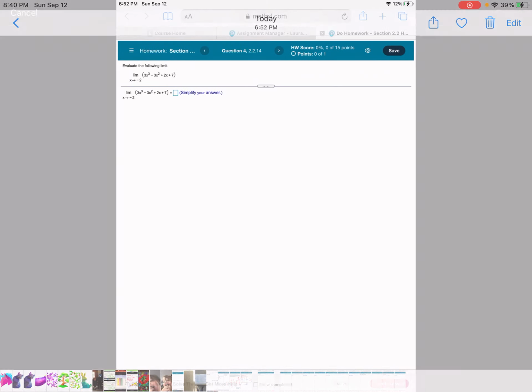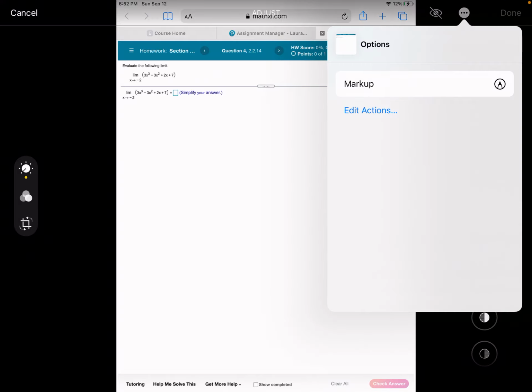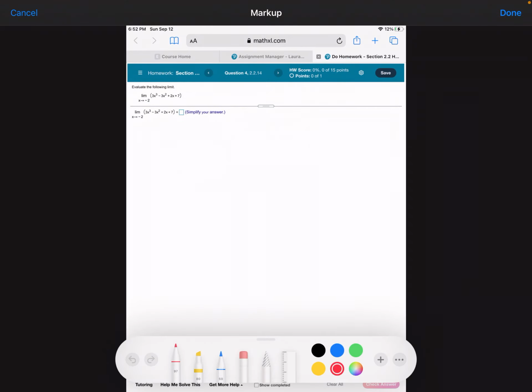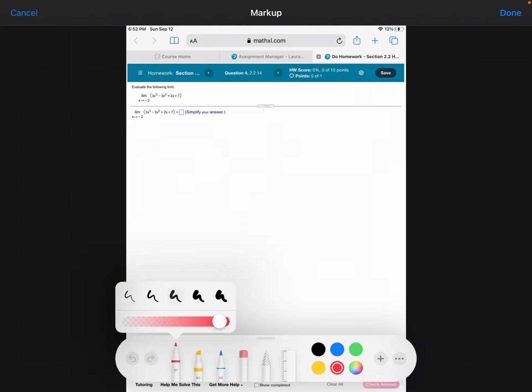All right, let's check this one out. Okay, so this one says evaluate the following limit. So we want to see what happens as x approaches -2.